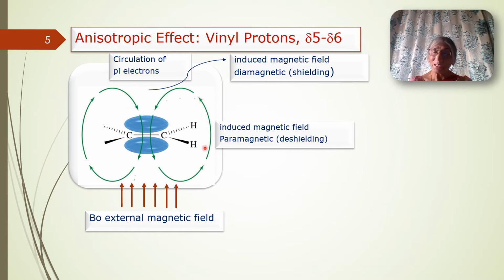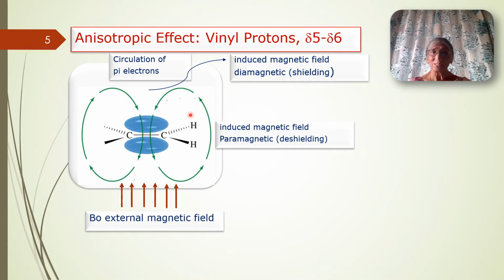In the paramagnetic area, the effective magnetic field is more than the applied one, because the secondary magnetic field adds up to the external magnetic field which is applied. In the diamagnetic area the effective magnetic field is less than the applied one, because the secondary magnetic field cuts down the strength of the external magnetic field.